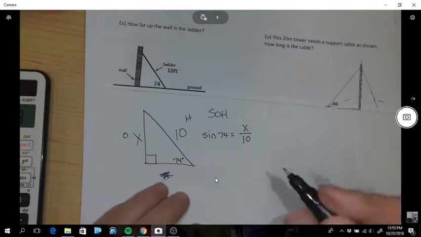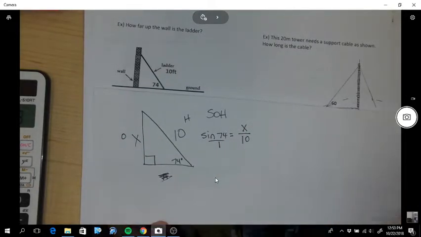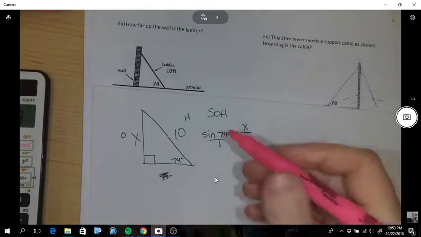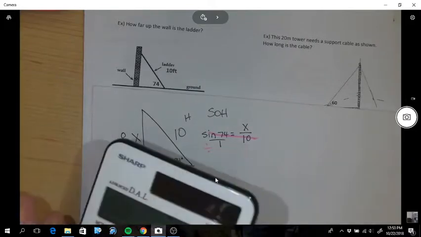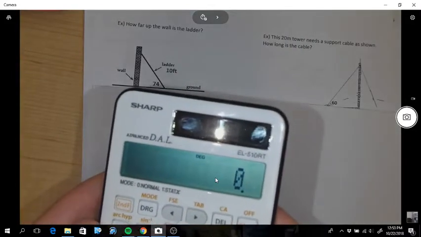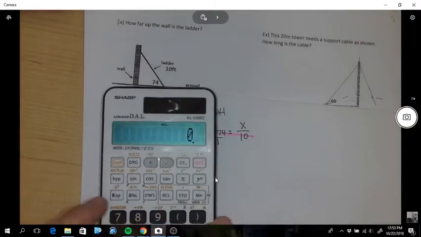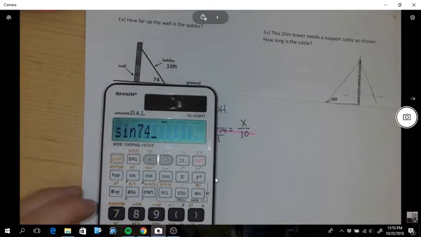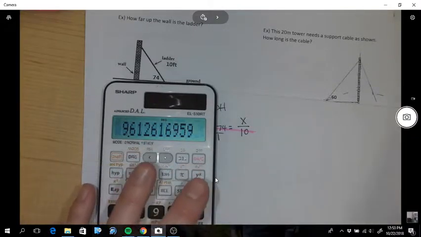I always make this over 1 so that I know to cross multiply. In my calculator, I make sure it says D or DEG for degrees. And I go sine 74 times 10 equals 9.61.